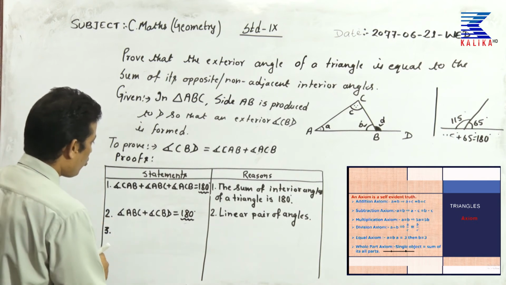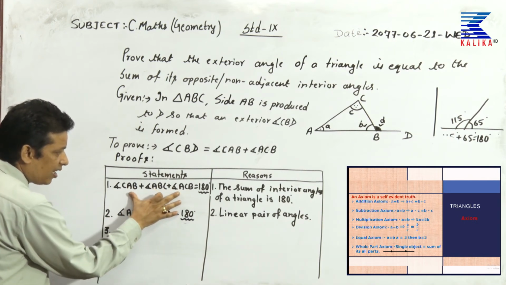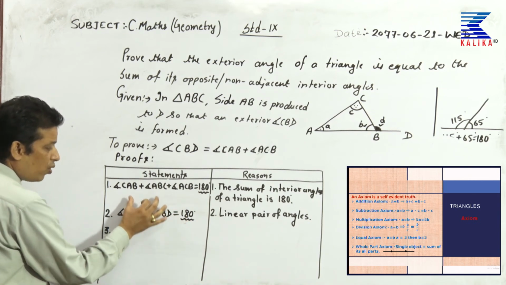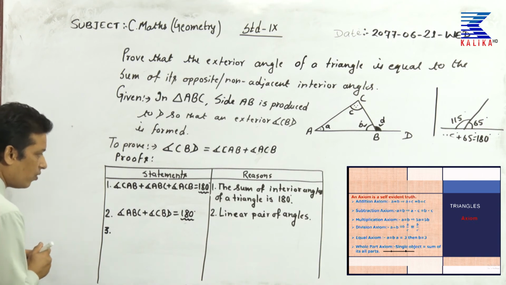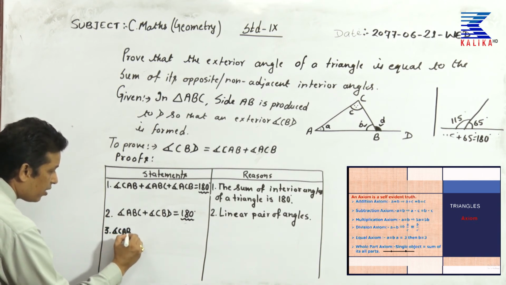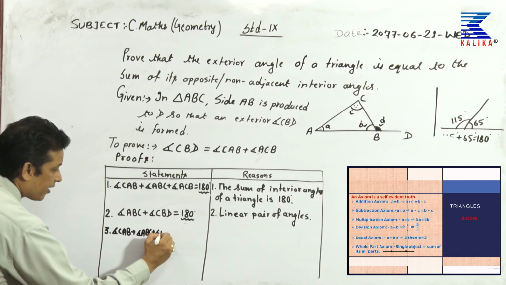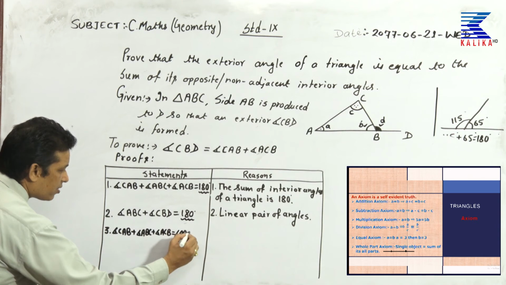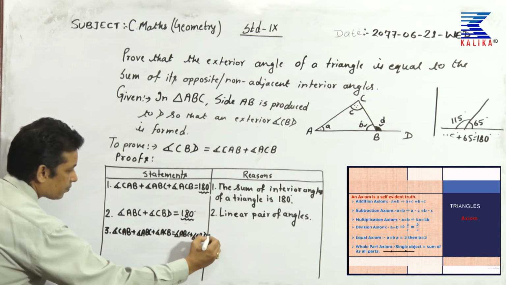So, using the equal axiom, dear student, the sum of these 3 angles is 180 degrees, the sum of these 2 angles is 180 degrees. So, both left hand sides are equal to 180 degrees. Therefore, we can write angle CAB plus angle ABC plus angle ACB is equal to angle ABC plus angle CBD.